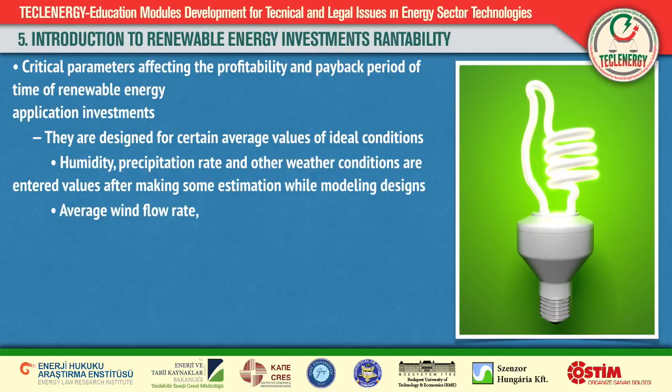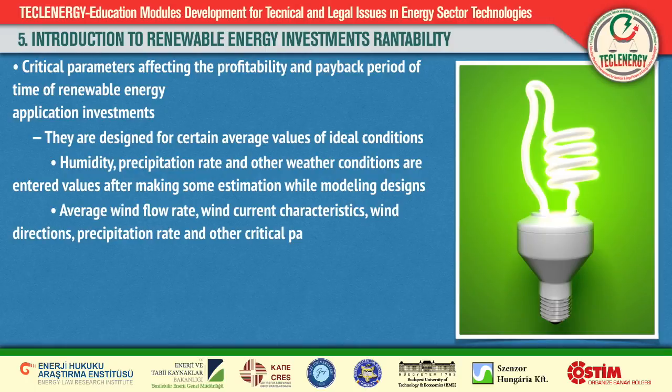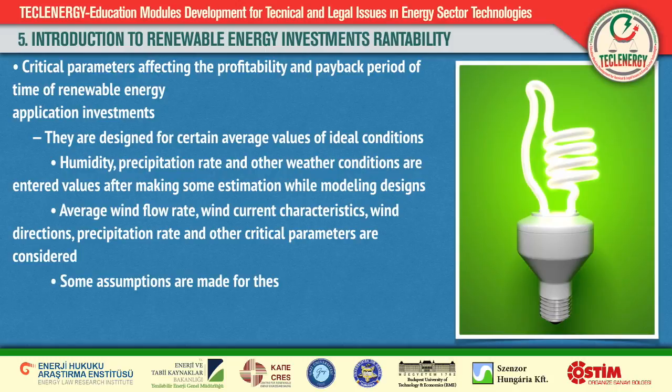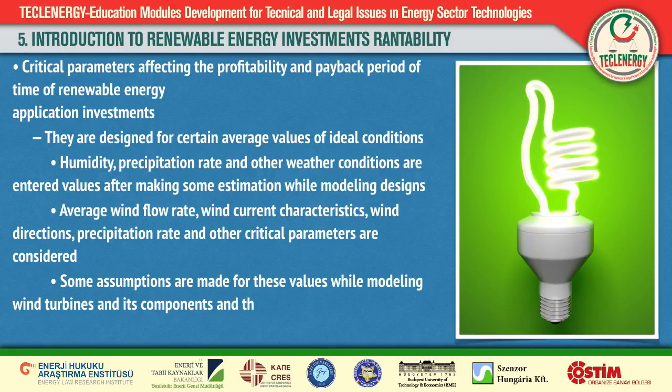Average wind flow rate, wind current characteristics, wind directions, precipitation rate, and other critical parameters are considered. Some assumptions are made for these values while modeling wind turbines and their components, and they affect the conversion rate of renewable energy into electricity or heat directly.